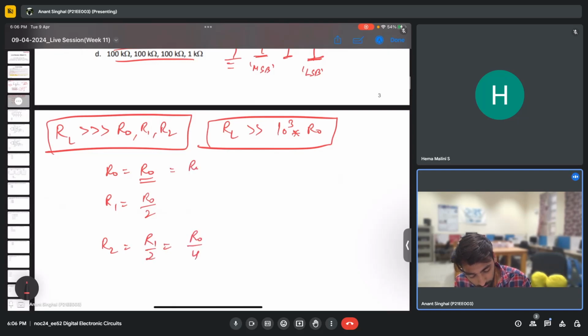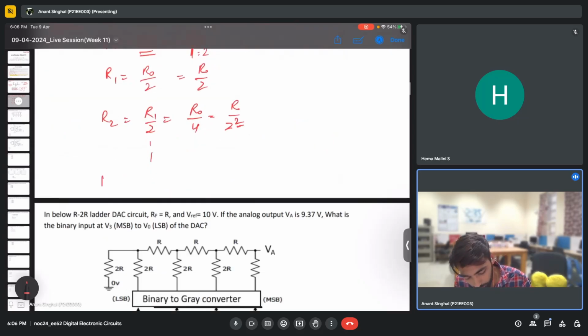So this is R0 by 2 raised to power 0, R0 by 2 raised to power 1, and R0 by 2 raised to power 2. For any n bit, we have 2 raised to power n. So Rn is R0 by 2 raised to power n.